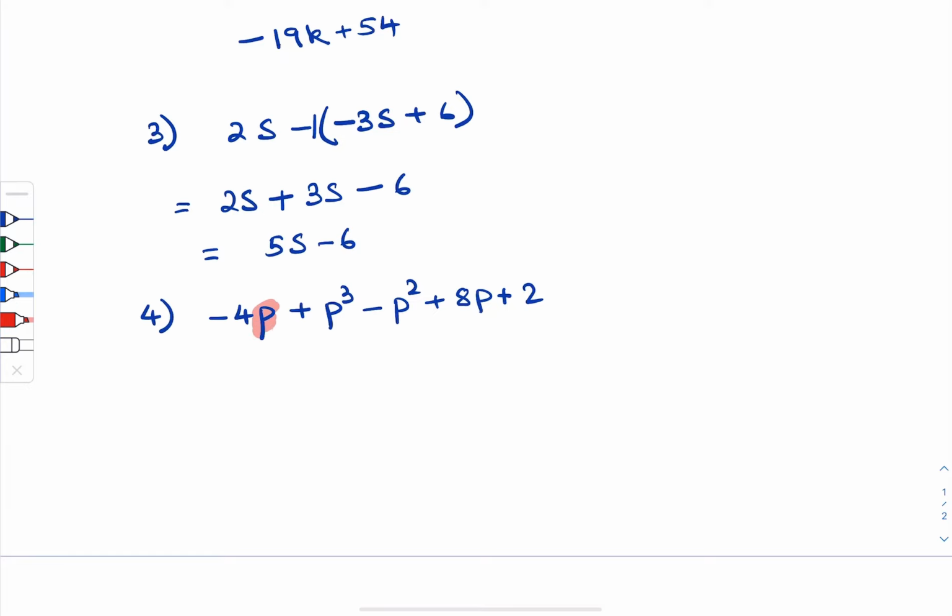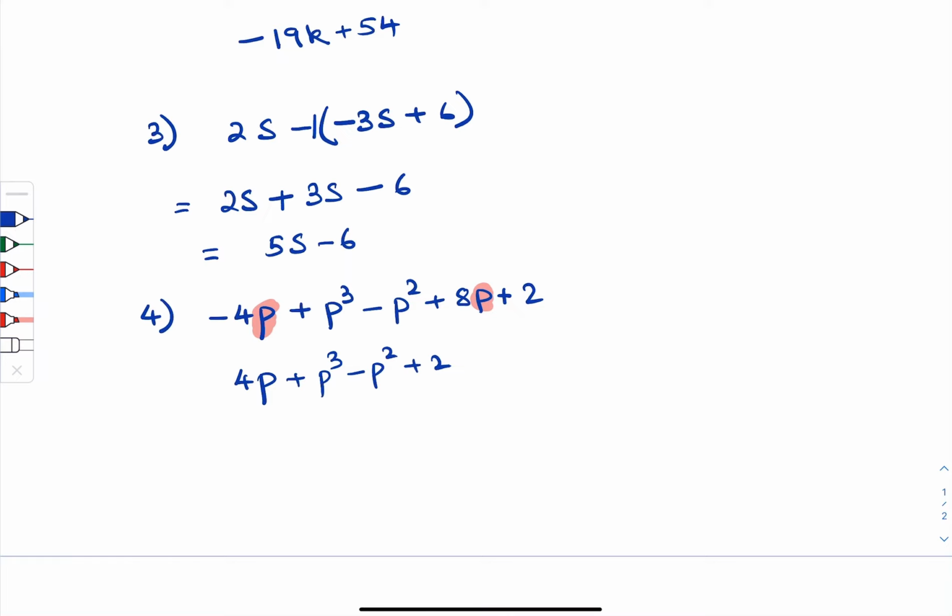I'm going to go ahead and highlight the p terms. There we go. And then we don't have anything to match the p cube, but we have a p cube, we have a p square, and then we have something with no p. So the only terms that we can really combine is the negative 4p and the positive 8p. So when we combine them, 8 minus 4 is going to give me 4p. Okay, and then I'm going to just write out everything else as is.